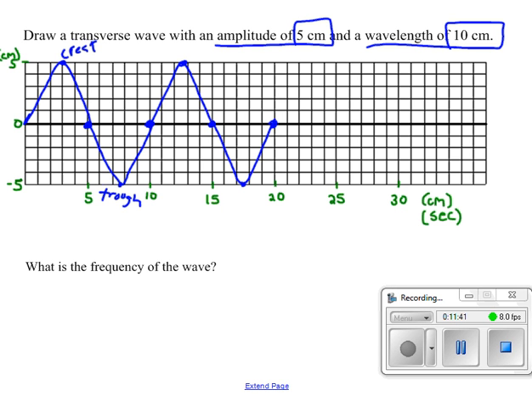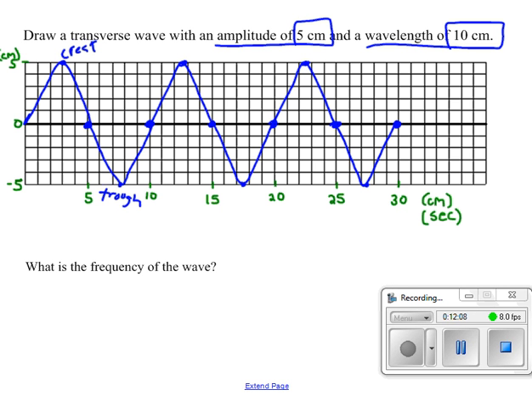They look exactly the same. I think I can fit one more in, so 10 more centimeters. Going to cut it in half for my midway point, draw my crest, and draw my trough. That one was a little easier because I didn't have to draw as many waves, and it just depends on the information given.